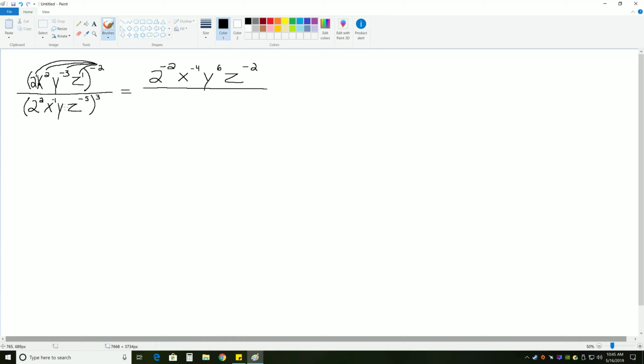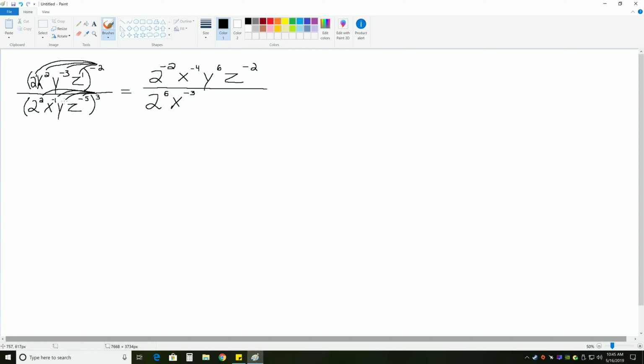And that's all over this denominator, which is going to be the exact same process. We will distribute the 3 to each of these exponents. So we get 2 to the 2 times 3 is 2 to the 6th power. And then x to the negative 1 times 3 is x to the negative third.